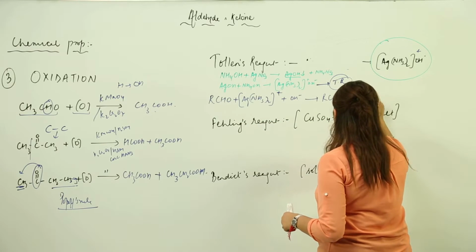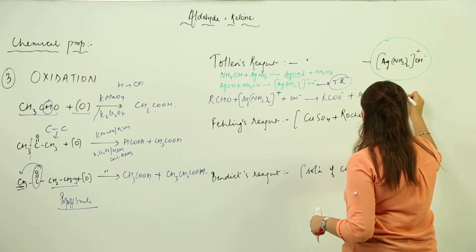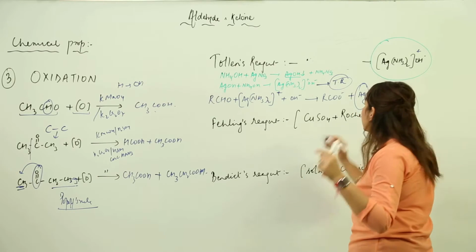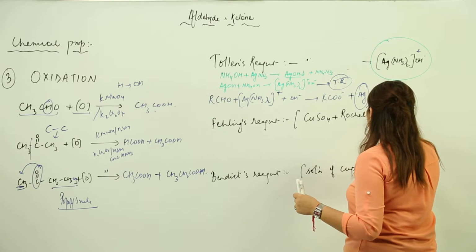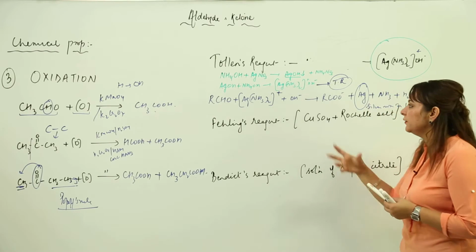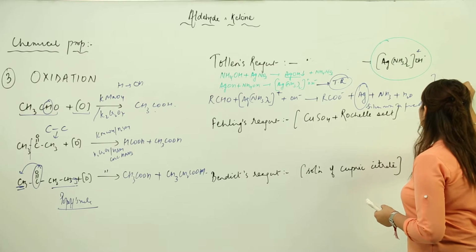We get silver, ammonia is liberated, and we get water. Due to the formation of silver, you know that a silver mirror is formed in the test tube. Whenever the silver mirror is formed, it confirms that the given substance was an aldehyde, because this test is not given by a ketone.